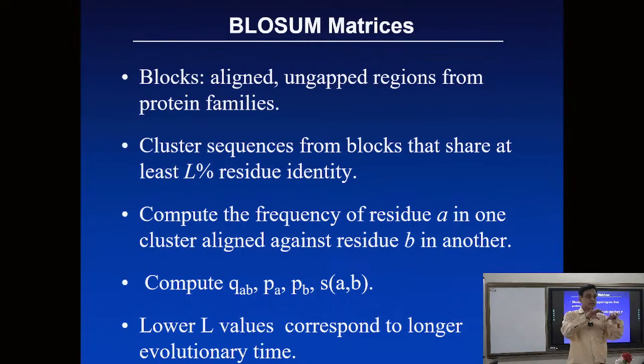So, sequences that were present in two clusters, so pairwise. Okay, and because within a cluster you have sequences that were 90% or more similar to each other, across clusters you had sequences that were 90% or less similar to each other. So, this way BLOSUM 90 was derived, which represented sequences that were 90% or less similar to each other.